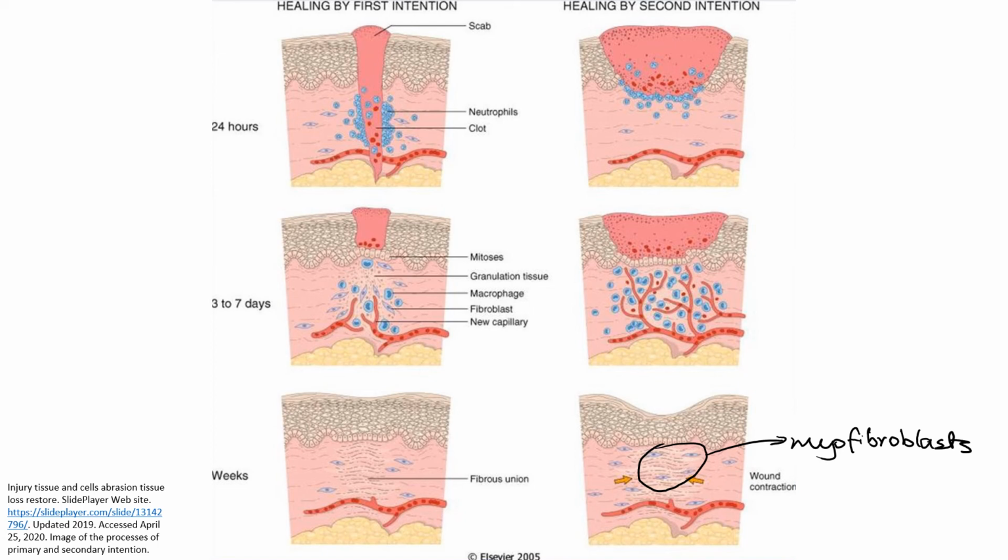And finally, in the weeks process, there is wound contraction, which is brought about by special cells called myofibroblasts, and these are specialized fibroblasts which have smooth muscle-like properties, and they essentially allow for the contraction of the wound such that the wound edges appose, but at the same time, since fibrotic tissue and collagen is being entered into this tissue, there is both blanching occurring, when the wound is actually whiter than the surrounding tissue that is present in that area.